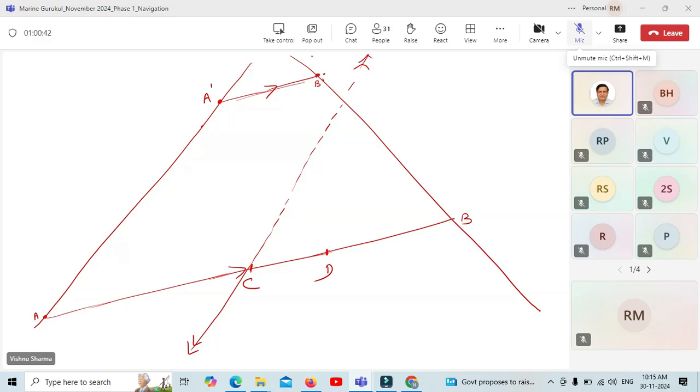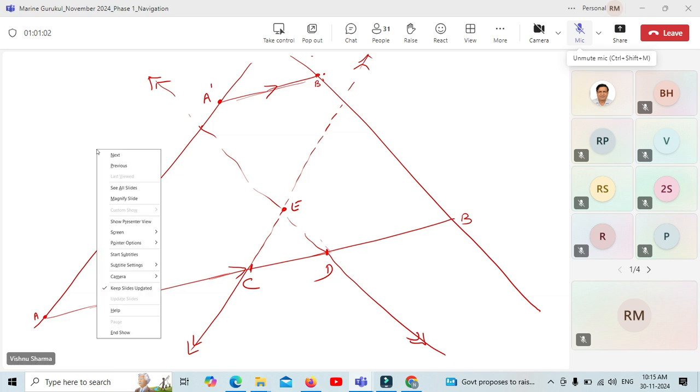If I transfer the third PL through D, the third PL will come somewhere here transferred. And this will be point E. Does everybody agree with me? Yes or no? Correct, beta? This will be point E. Yes, sir.